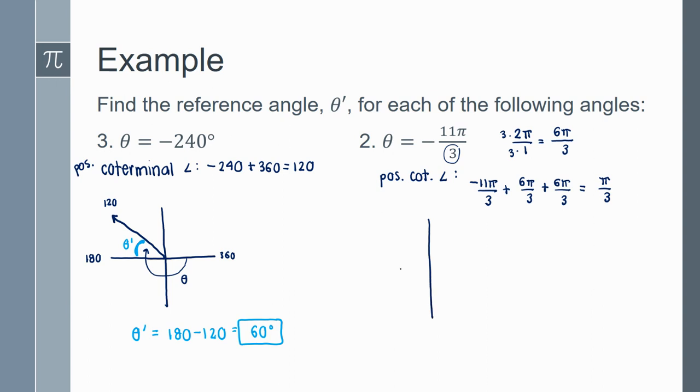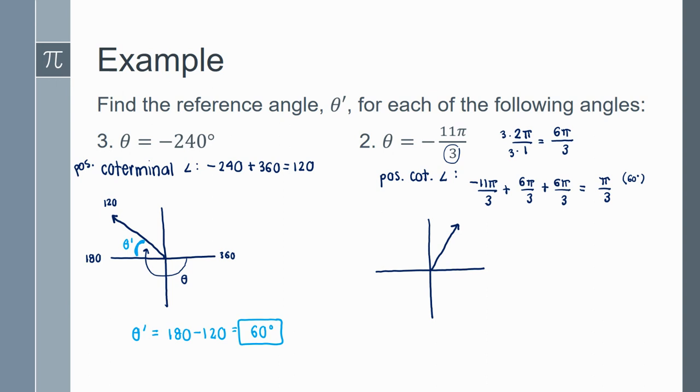Okay, so if we're thinking about my radians, where does pi over 3 relate to my quadrants? Well, pi over 3, remember, is going to fall in the first quadrant. If you're thinking about our different triangles, in terms of degrees, that would be a 60-degree angle. So that means that we're here in the first quadrant.